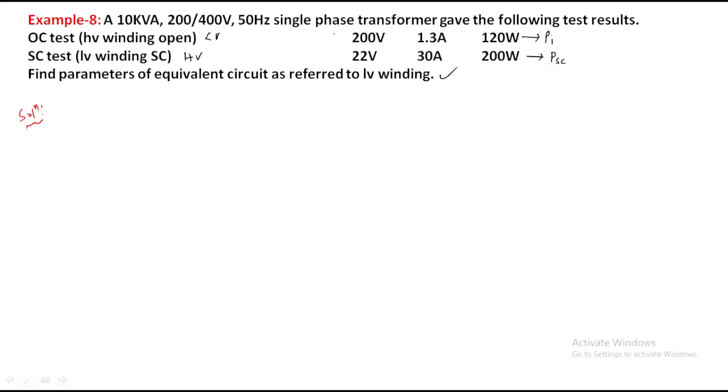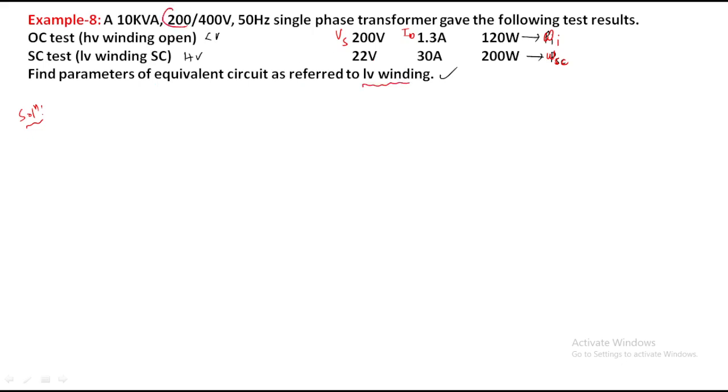This is the supply voltage, this is the no load current because there is no load across the secondary, this is the iron loss component, this is the copper loss component, this is the rated current, and this is the supply voltage, that is 5% of rated voltage applied. We have to calculate the equivalent circuit parameters referred to LV winding.